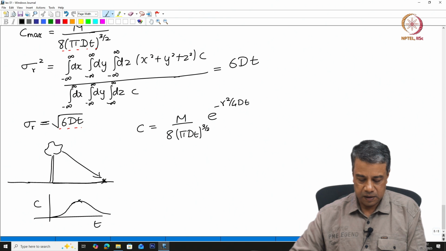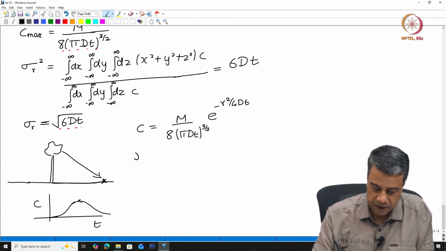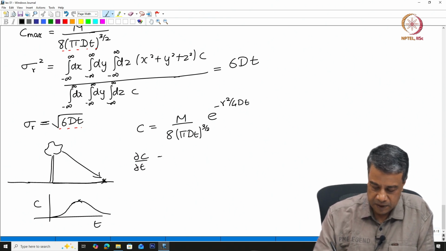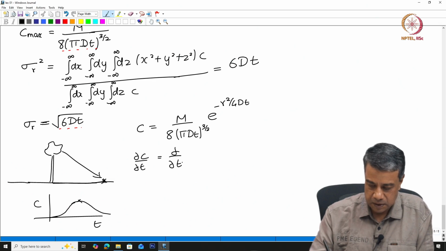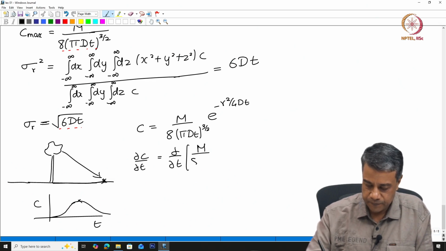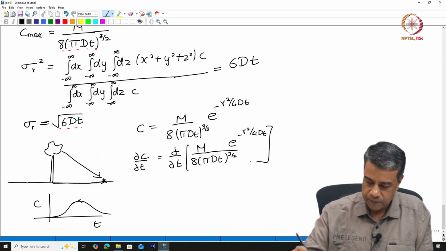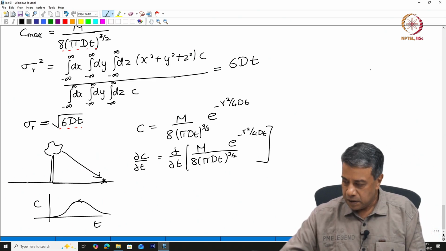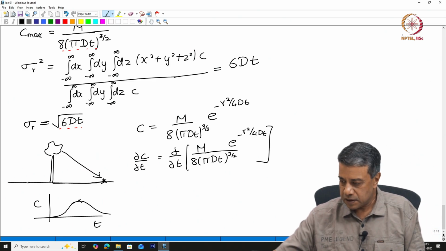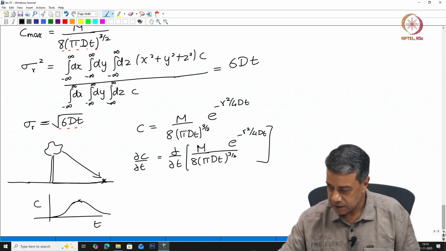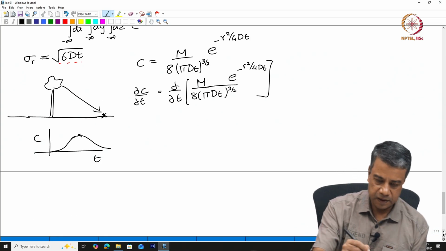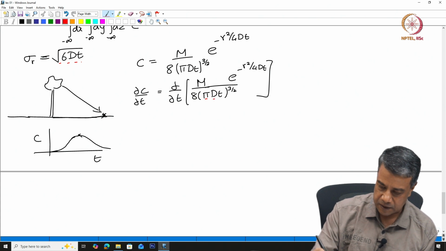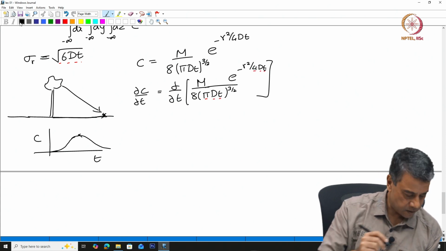How do we determine this maximum concentration? We can do that by taking the derivative of the concentration with respect to time, d by dt. Now you have to differentiate by chain rule, since there is a factor here that depends on time, and a factor here also that depends on time.